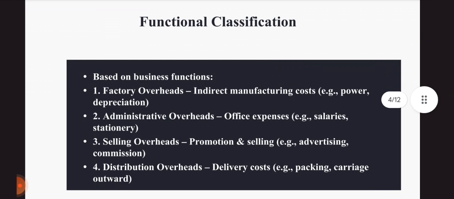Factory overheads are indirect costs related to the manufacturing process. For example, indirect wages, factory rent, power, depreciation on machinery, etc. Administrative overheads are expenses for general management like office salaries, stationery, telephone, postage, etc. Selling overheads are costs incurred for promoting and selling goods like advertising, sales commission, travel expenses, like that.